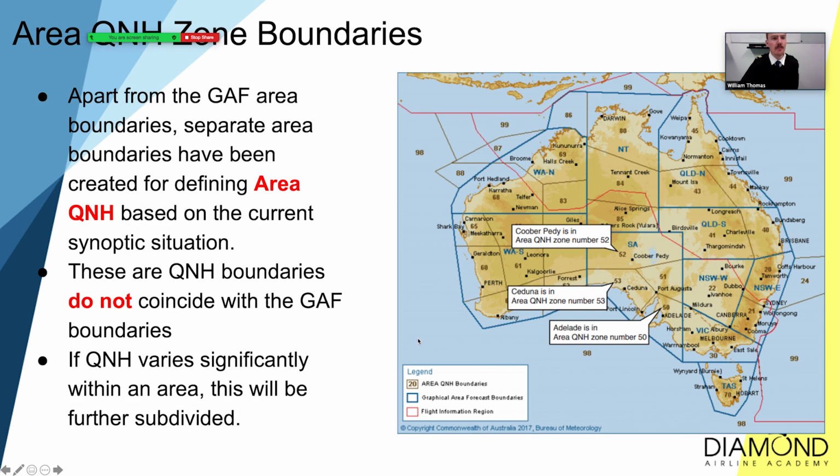All right, apart from the GAF area boundaries, separate area boundaries have been created for defining area QNHs. So these QNH boundaries do not coincide with the GAF boundaries. If QNH varies significantly within an area, there will be further subdivisions.